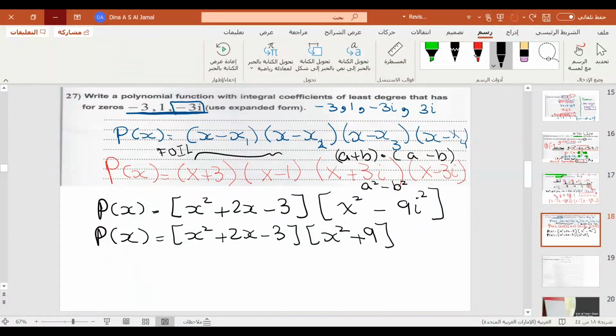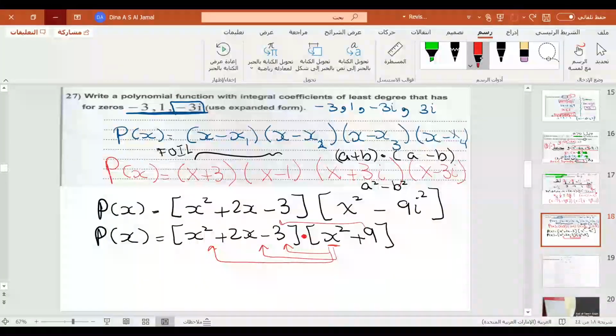And now all you need to do, you are having a trinomial multiplied by a trinomial. You can distribute each term on the other trinomial, as I showed you here.